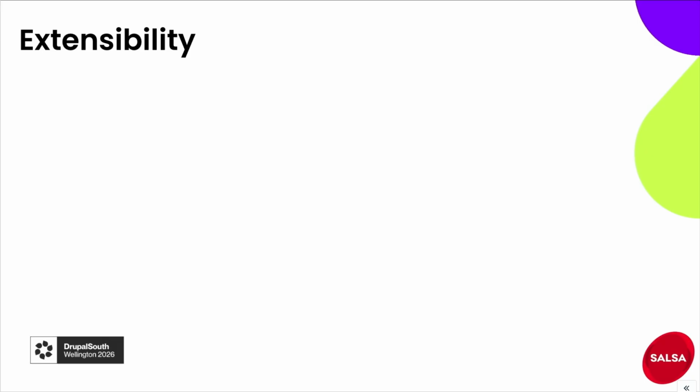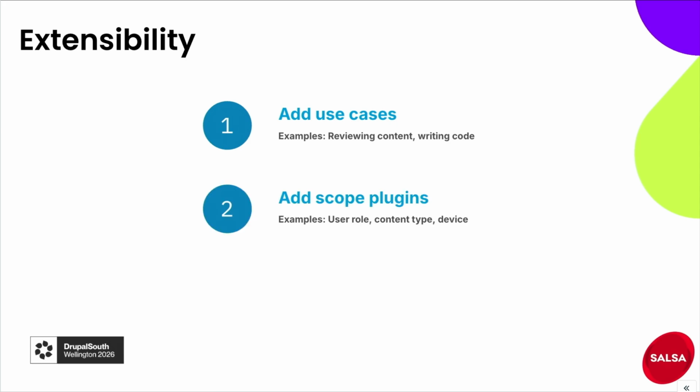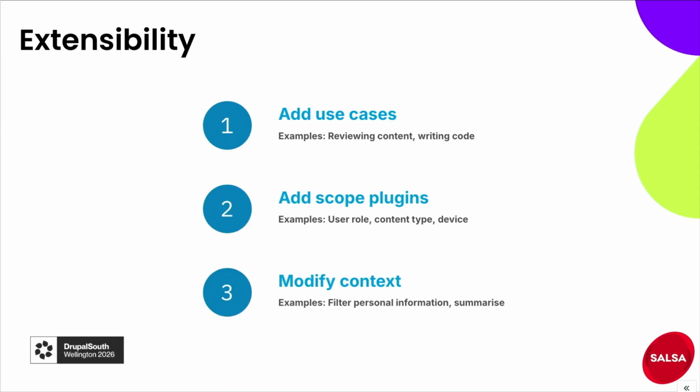So you can go ahead and create a scope for user roles and say, okay, this context can only apply when the user is of this particular role. So context items are pretty flexible that way. So as I said, yes, you can add use cases, you can add scope plugins, and modify context too, of course.